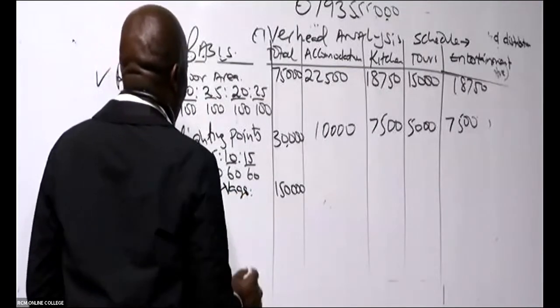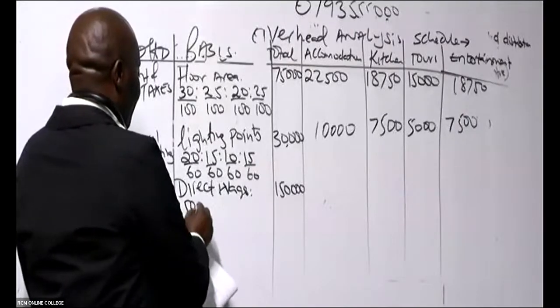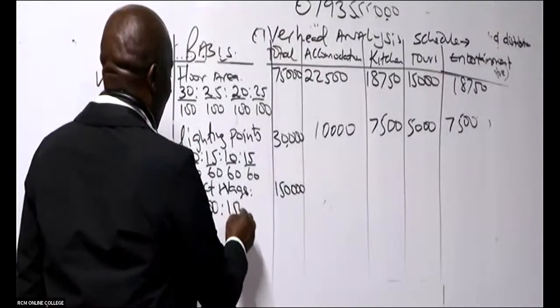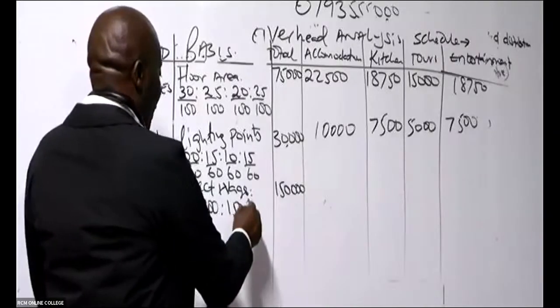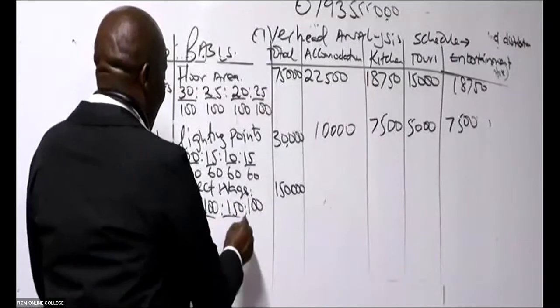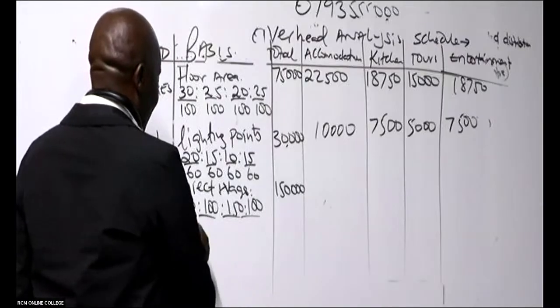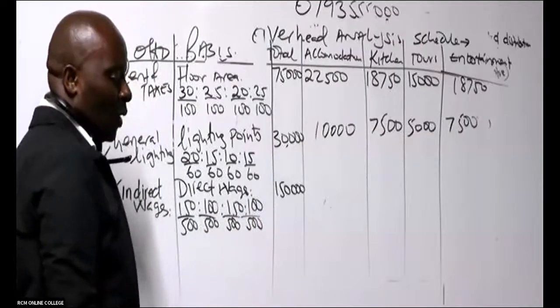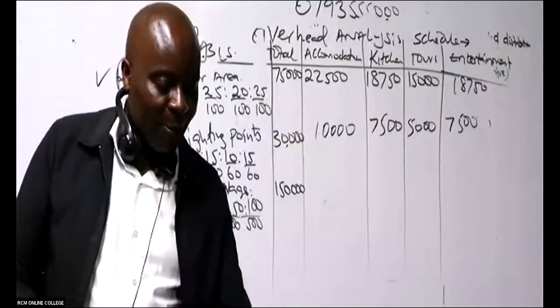So these direct wages, what do we have there? 150 to 100, 152 to 100, so we divide by 500. So please apportion.